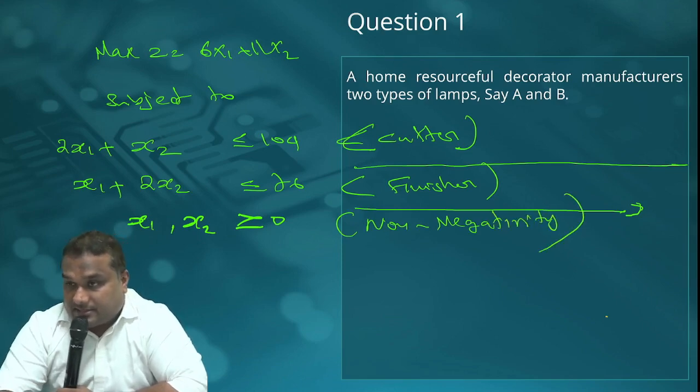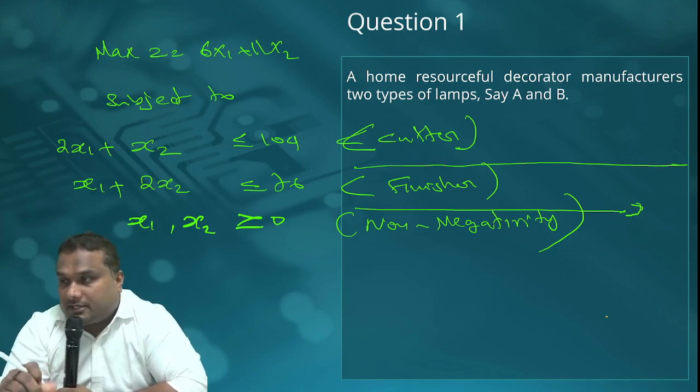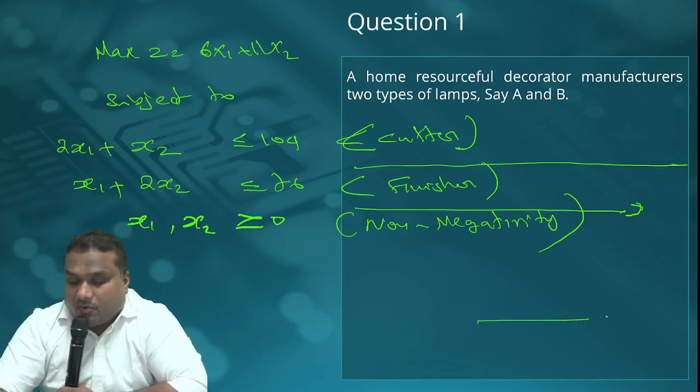Why do we write the non-negativity constraint in every linear programming problem? At the end you should write it. While you are drawing the graph, some of the values may go to the negative side.